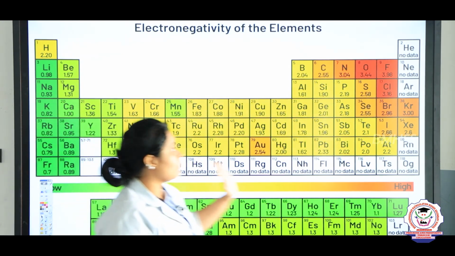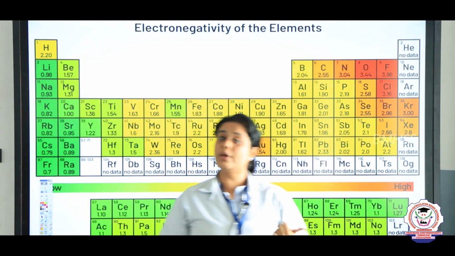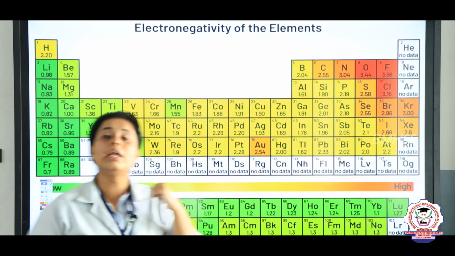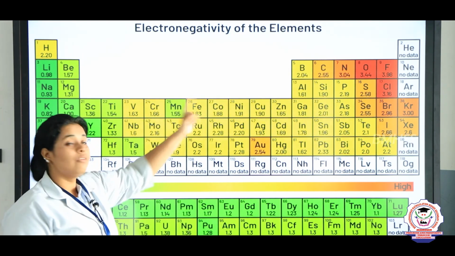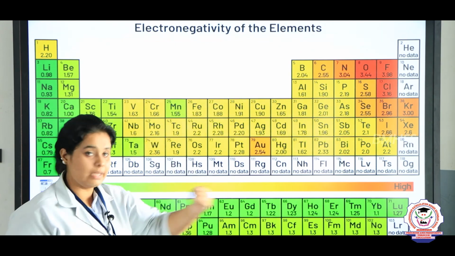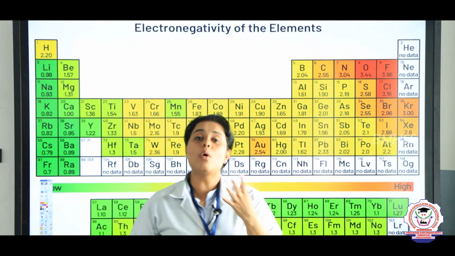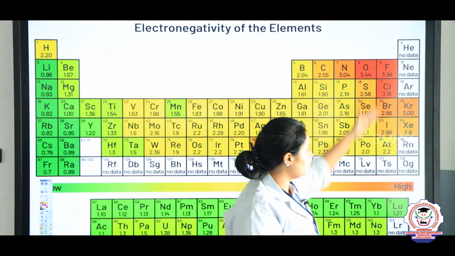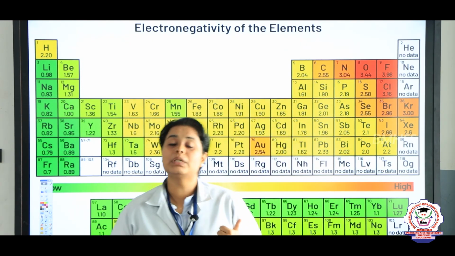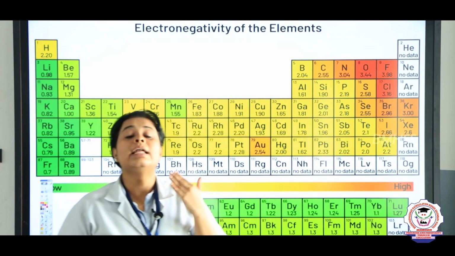But if you look at fluorine, fluorine is shown in red, which means electronegativity for fluorine is very high. The value of electronegativity is 4. Same way, if you compare down the group, the halogen groups have high electronegativity.